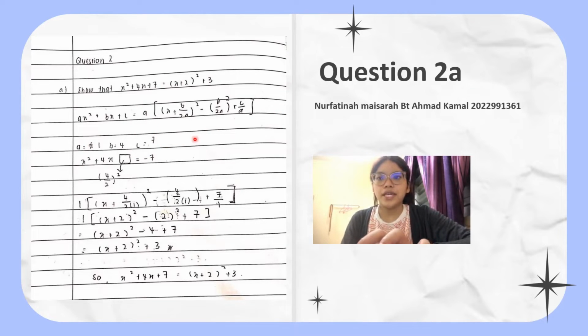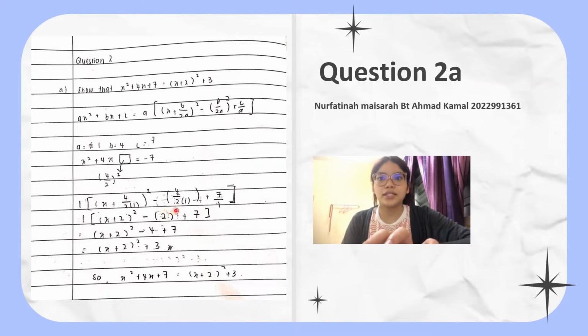So A is 1 here, B is 4 over 2, to the power of 2, minus 4 over 2 plus 7 over 1. So we're going to solve this, and it's going to be (x + 2) squared minus 2 squared plus 7, and we solve this again.